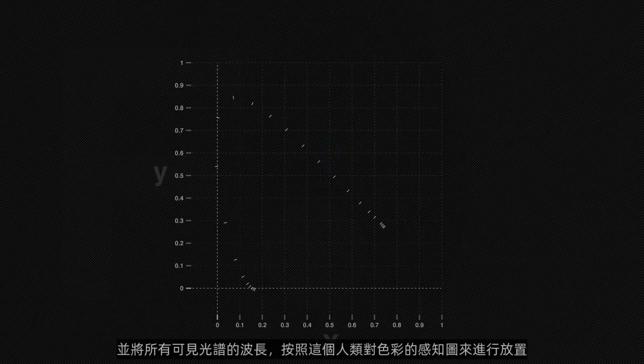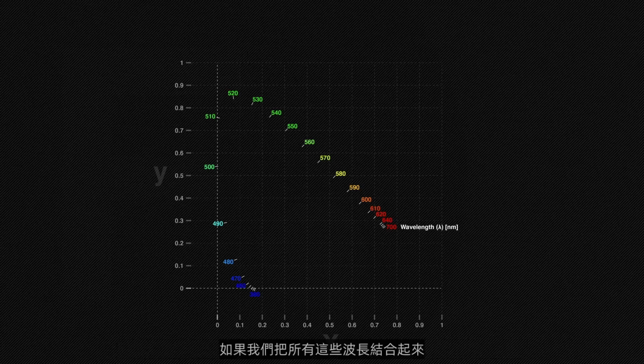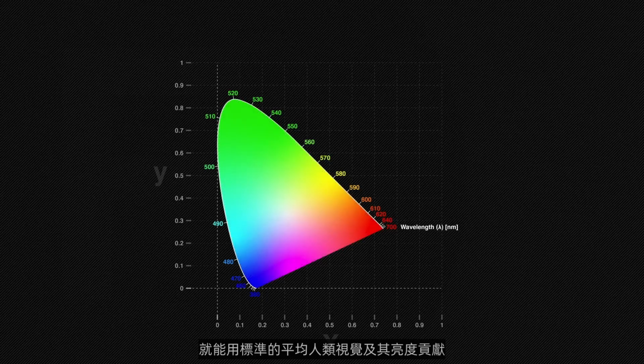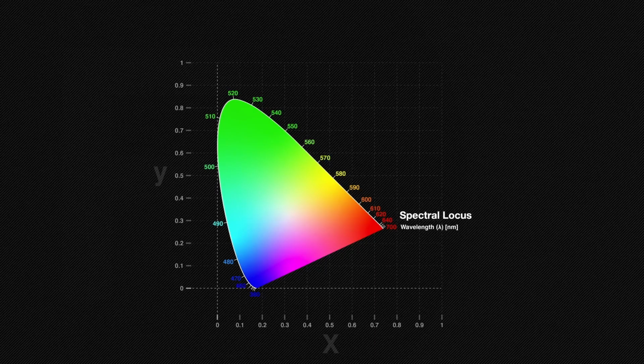Let's go ahead and place all the wavelengths of the visible spectrum according to this diagram of human perception of color. So if we combine all those wavelengths, we will define all visible colors by the standardized average human vision and their luminance contribution. This is known as the spectral locus.